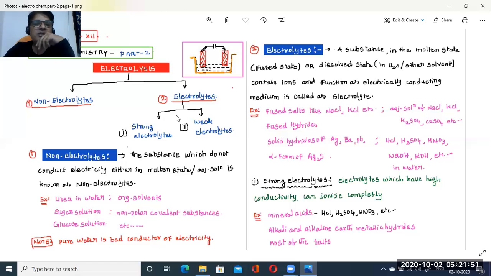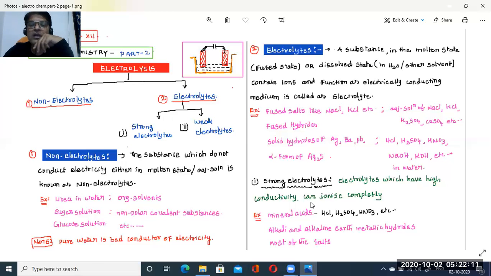Next, as usual, see beta, according to this table, electrolytes again have two types: strong electrolytes and weak electrolytes. Very simple definition. Strong electrolytes means the electrolyte should have very high conductivity, very strong.